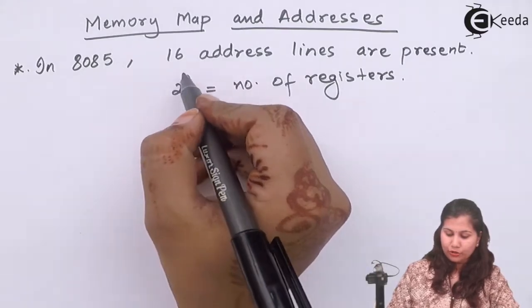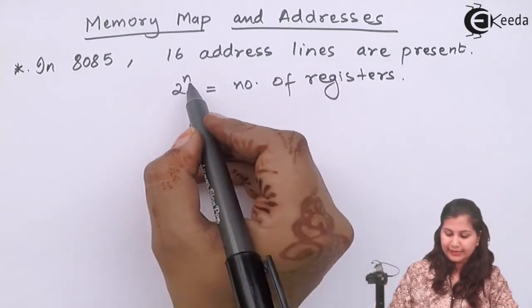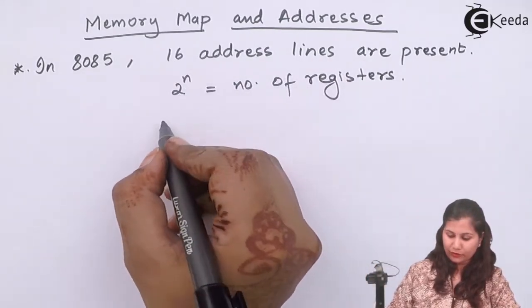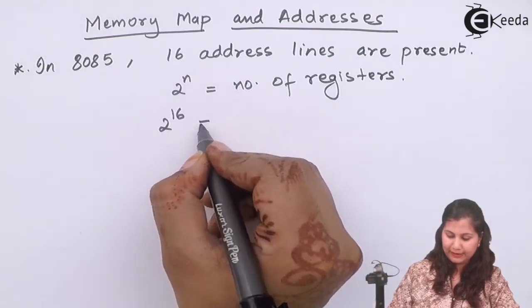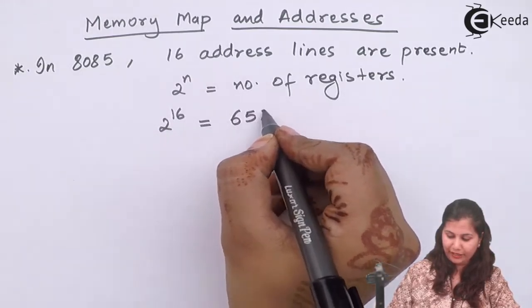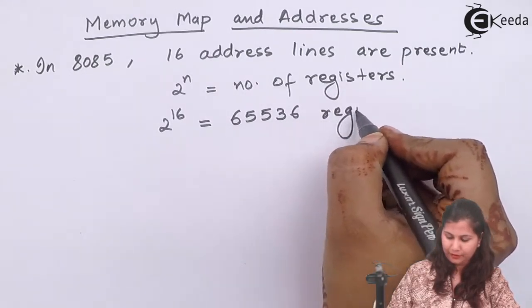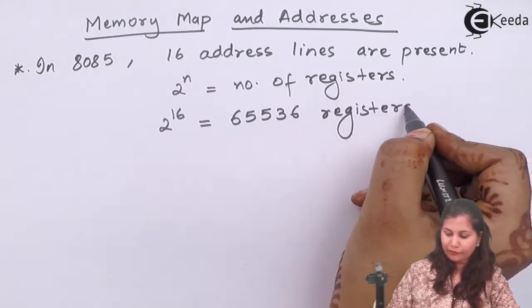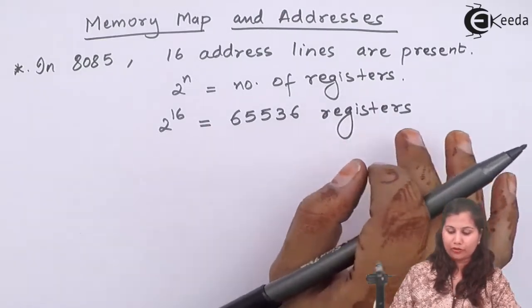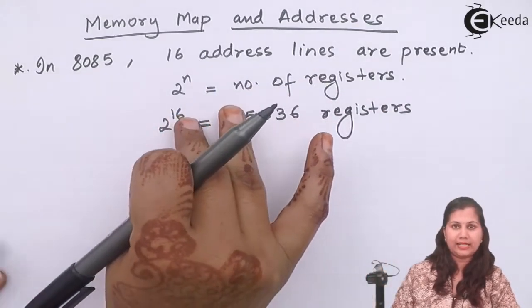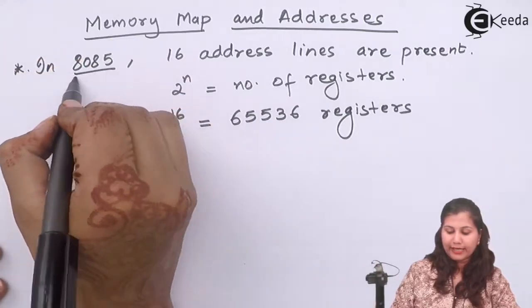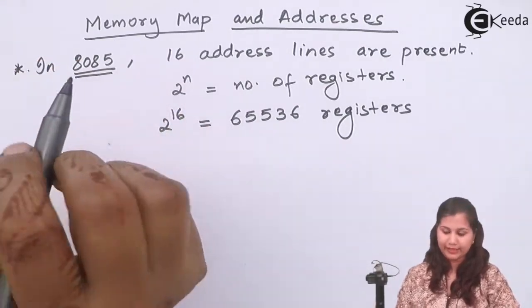N is the number of address lines, so we have 2 raised to the power 16, which is 65536 registers. So this many memory registers can be addressed using the 16 address lines of the 8085 microprocessor.